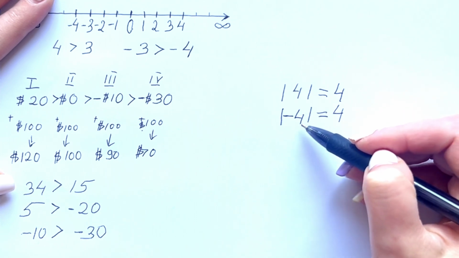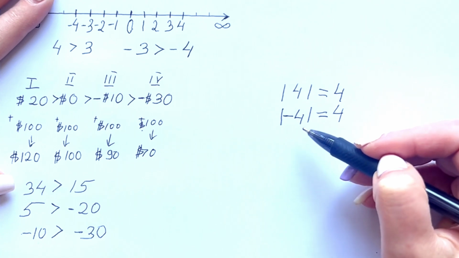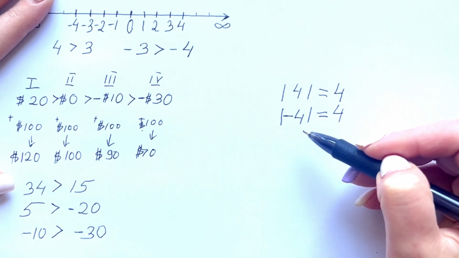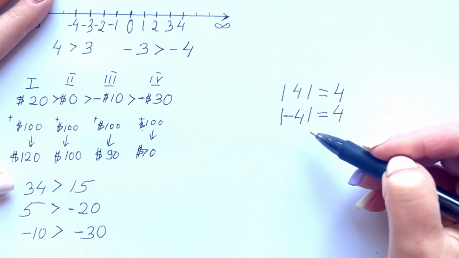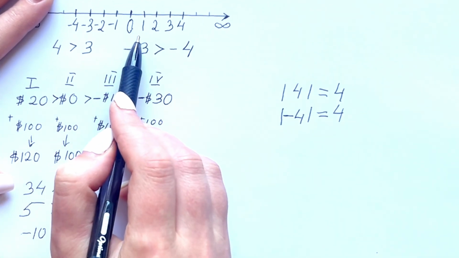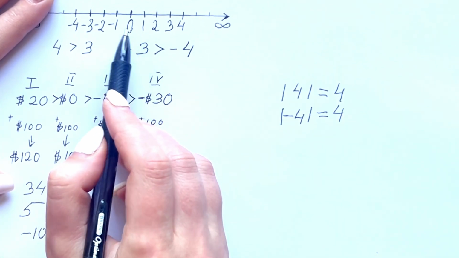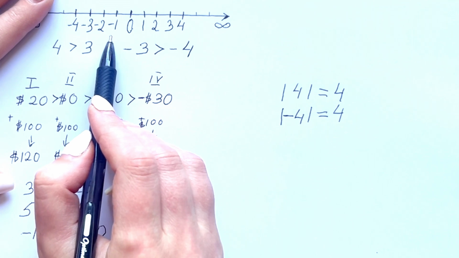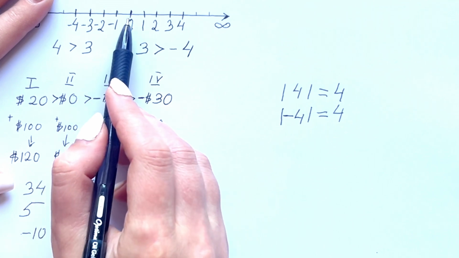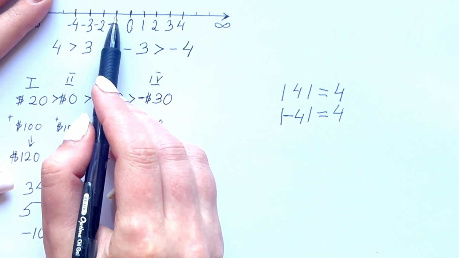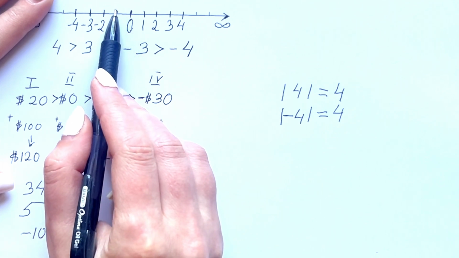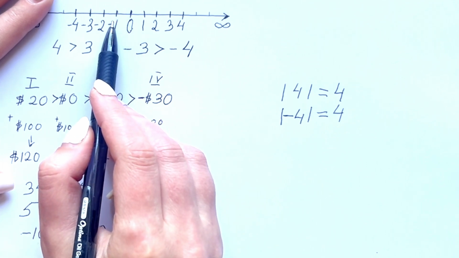The absolute value of a number is its distance from 0. So the absolute value of 1 is 1. The absolute value of negative 1, again, is 1 because it's 1 unit from the 0.